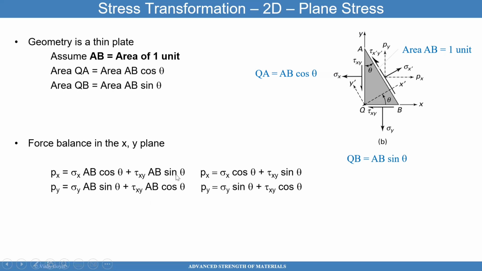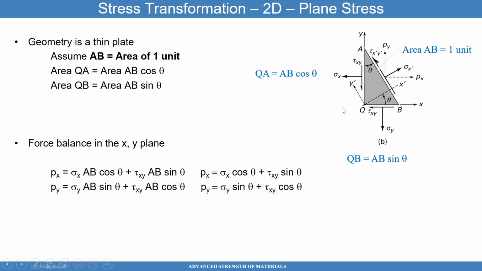Now let me look at the force going upwards, Py. Py is anything that's moving up or down. In this case, it's sigma yy going downwards. So Py equals sigma yy times AB sine theta, because this area here is AB sine theta as shown here.